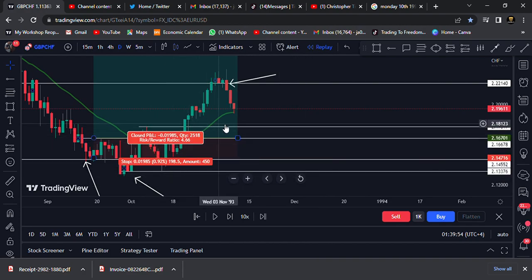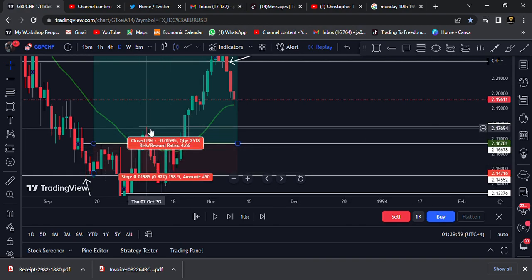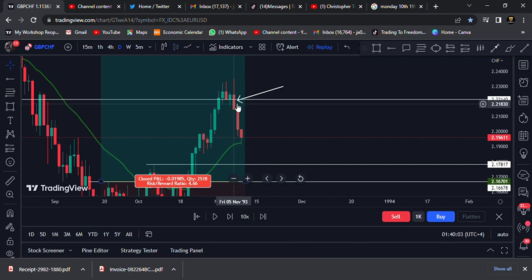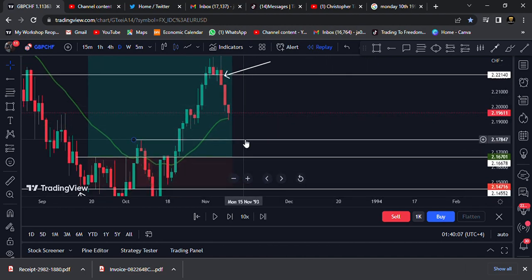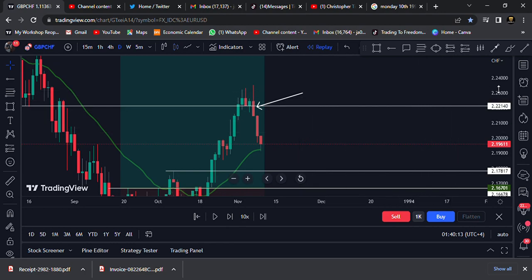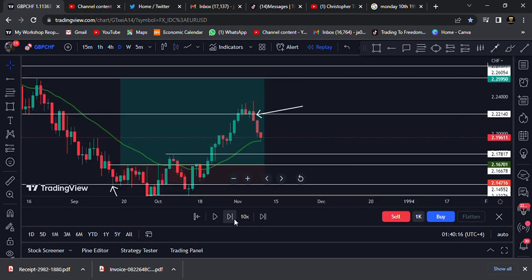Still, you are still in profit. But it will be better when you see a reversal signal like this one. You can get out and then wait for the market to reach here and give you another signal before you buy again. So that is trade management, so that you maximize.